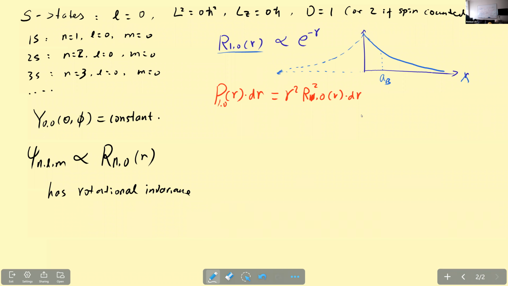You can see that the most probable position is not r equals 0, even though the wave function has its maximum at r equals 0, because the shell has a very small volume at r equals 0, and when the radius is increasing, the shell volume is increasing. So you actually have the most probable distance.